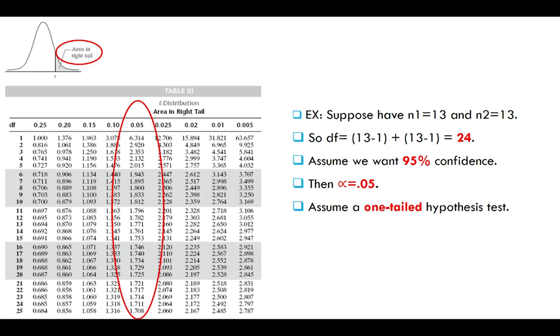Our alpha equals 0.05. And I see that right there. Can you figure out our critical T when we have degrees of freedom equal 24? Remember, degrees of freedom are in the first column. So, do we agree? 1.71. So we have a critical T under these conditions of 1.71.